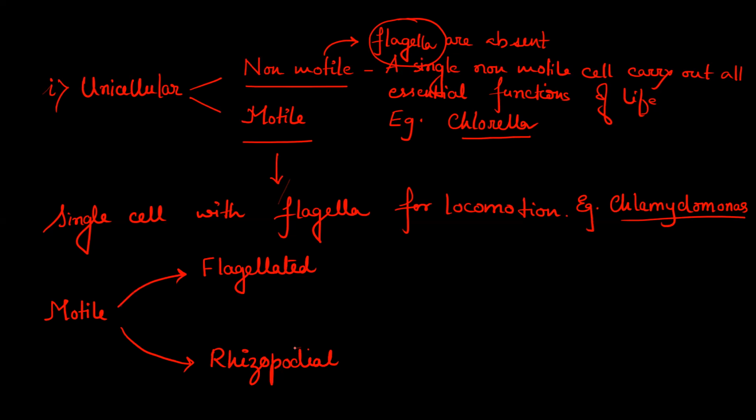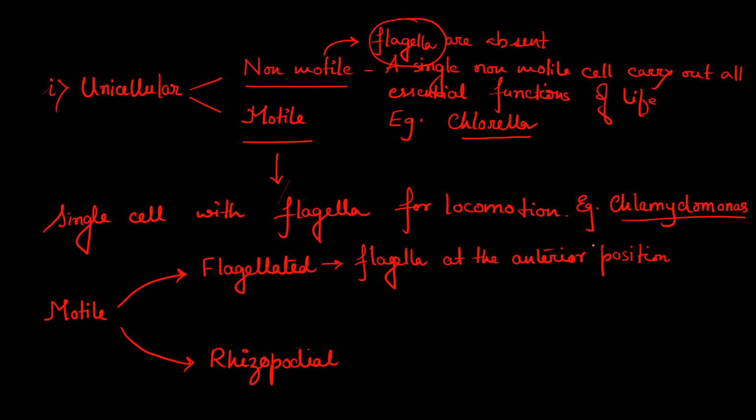The thallus is round or pear-shaped, as I have told you, and they bear two motile flagella at the anterior region. This is important to note. Flagella at the anterior position. Okay.